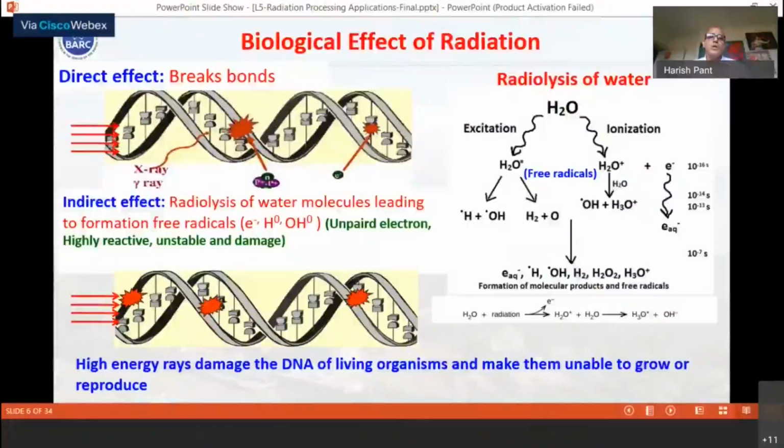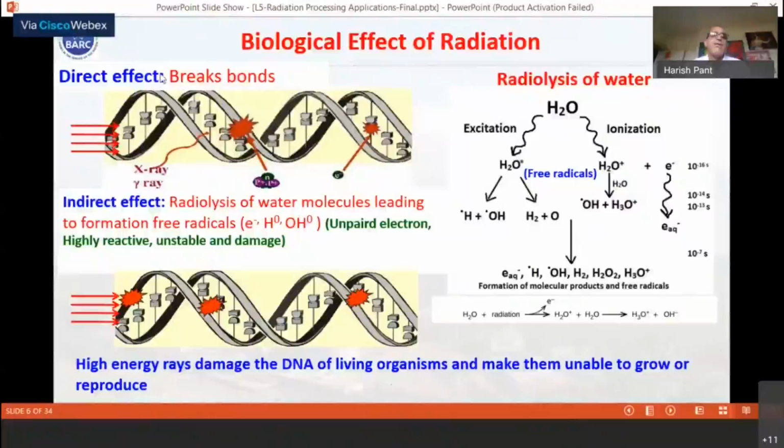Let us discuss here the biological effect of the radiation. You see that all living creatures have DNA. When radiation falls on any biological system, it breaks the bonds. Actually, there are two types of effect.